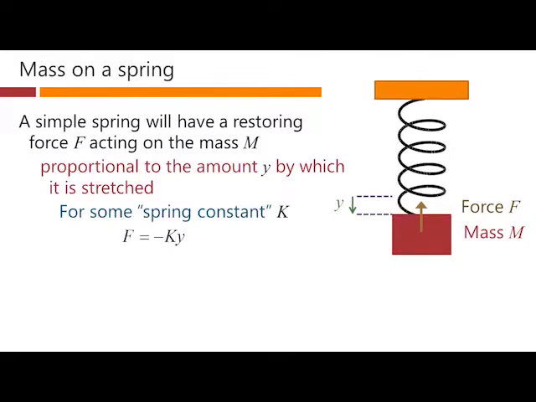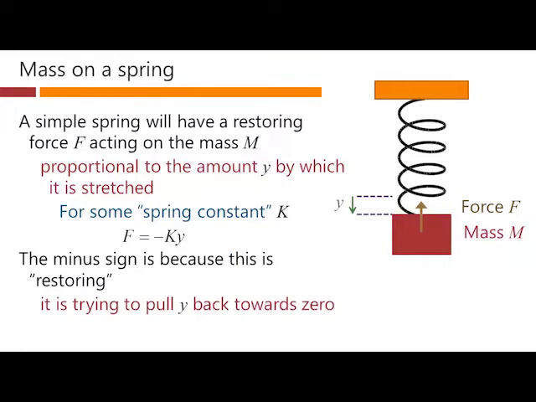And we typically refer to the amount of force we have here in terms of a spring constant of some kind, this constant k, which is just telling us how much force we get as we displace by an amount y. Now, the minus sign here is very important, and it's because the force is a restoring force.